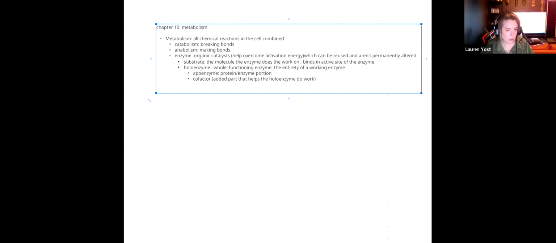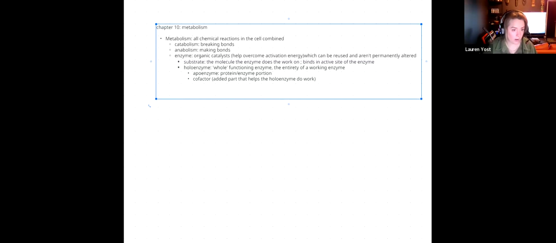Let's go back. Terms. There's a lot of terms in this one. Okay, so that's good. We're at that part. We're at now denaturation. So let's take that back a step. Enzymes depend quite heavily on the shape for their function.